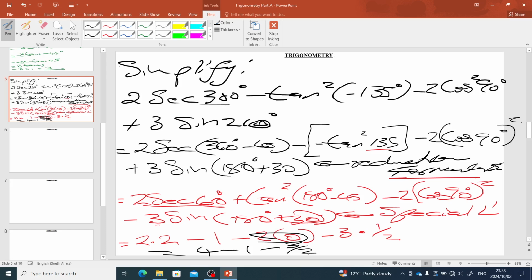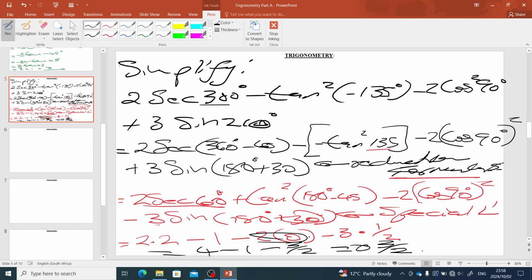Now, when we subtract and add, our answer would be 3 over 2 there. That's our answer, because 4 minus 1 equals 3.